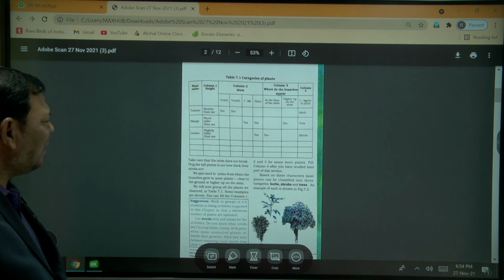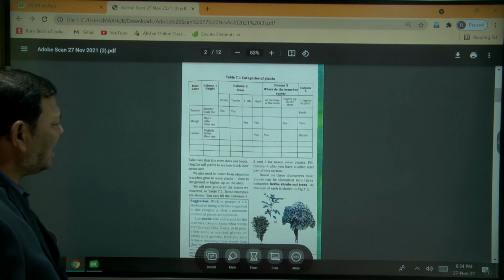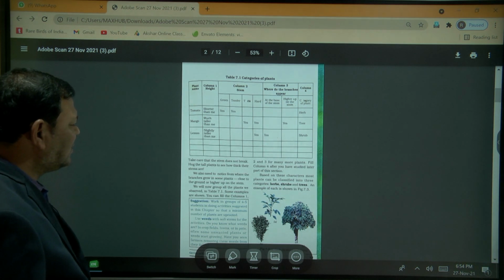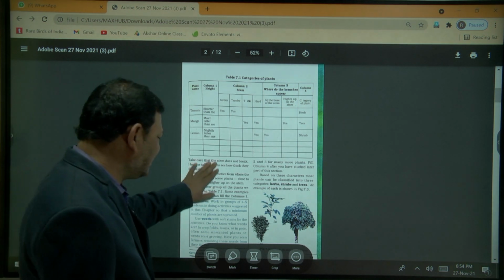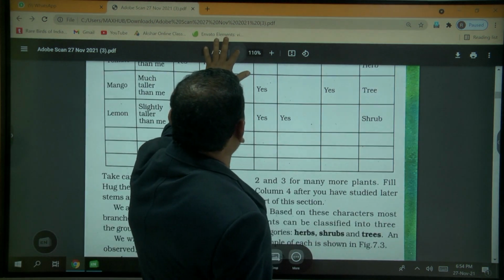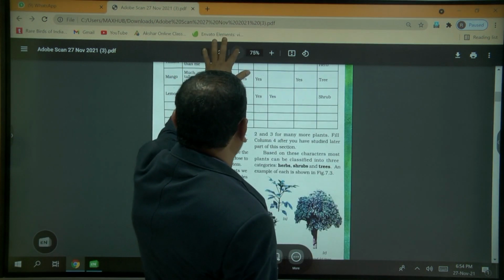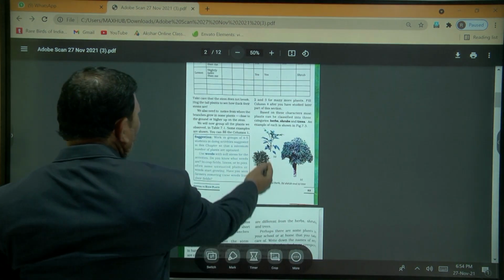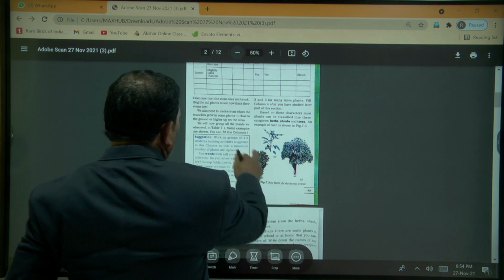Based on these characters, most of the plants are classified into three categories: herbs, shrubs and trees. You know very well, the tomato plant is a herb.